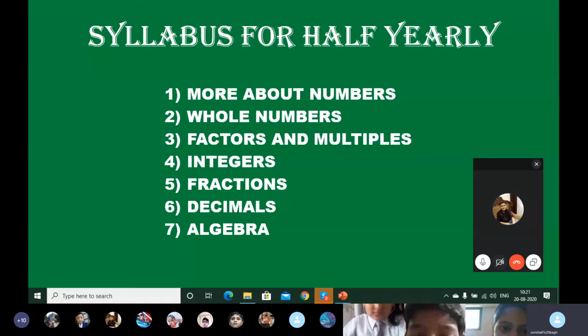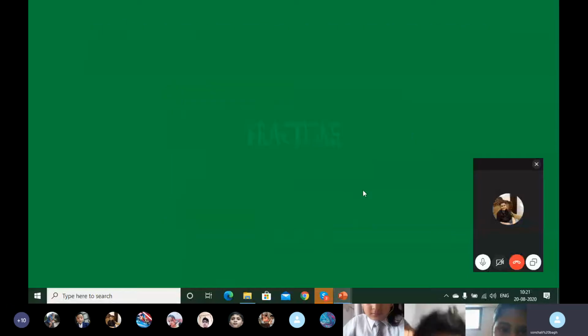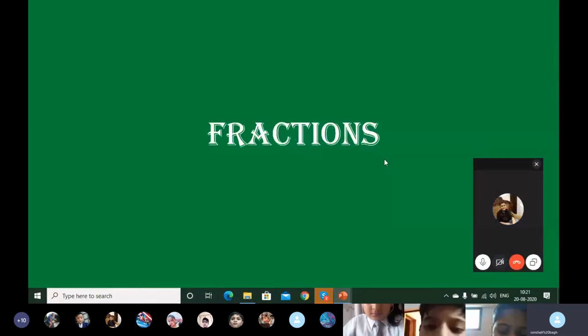Dear students, we have already started fractions before our unit 1 exams. So we will continue with the topic. We have learned number lines, we have learned what fractions are, and how to convert numbers into fractions.